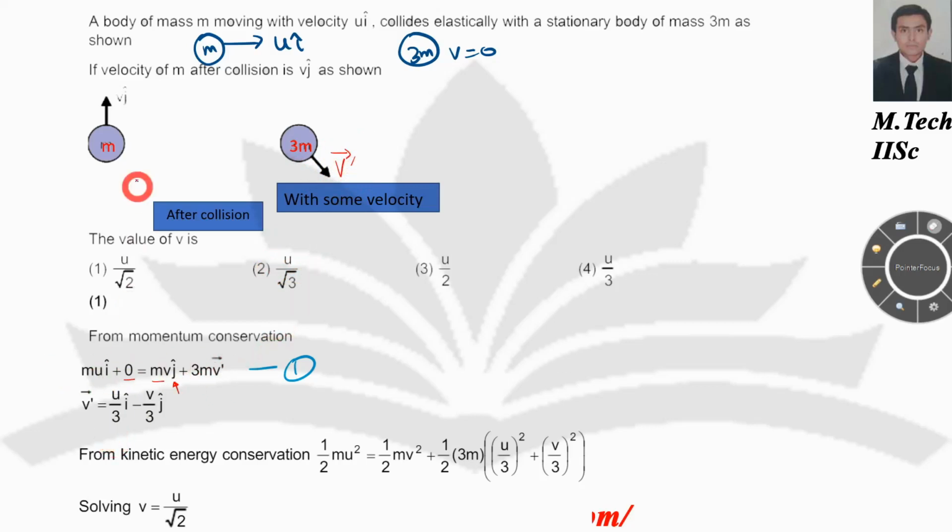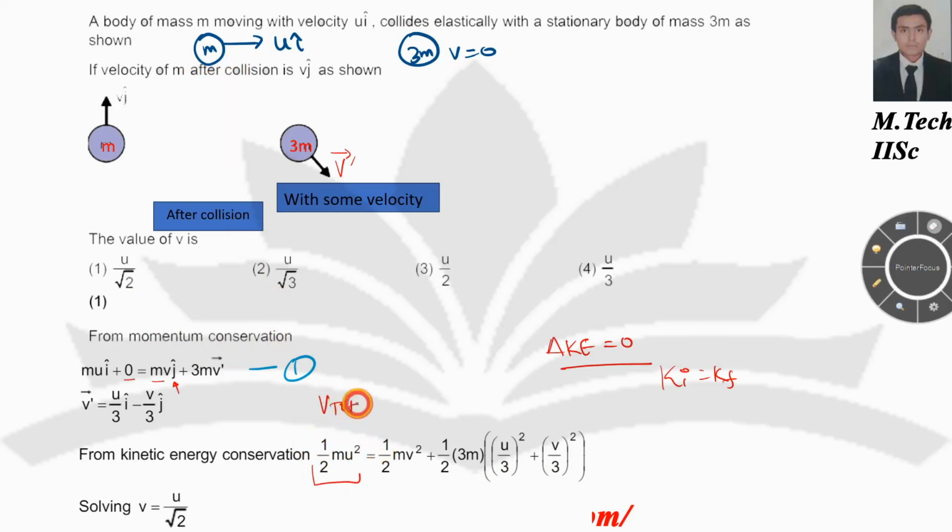Now you have to find the velocity v. So because the collision is elastic, I know that my kinetic energy loss will be 0. So I can say that my initial kinetic energy will be equal to the final kinetic energy. So just write the expression for the kinetic energies over here. For the first case, it is nothing but 1 by 2 m u square.